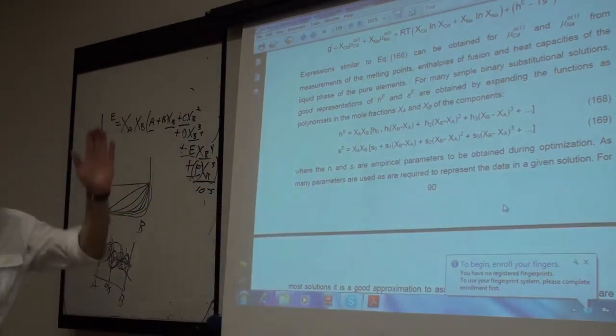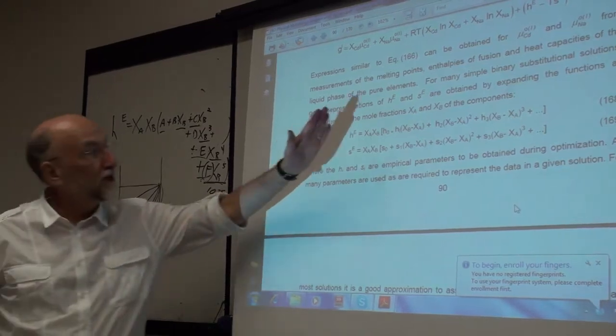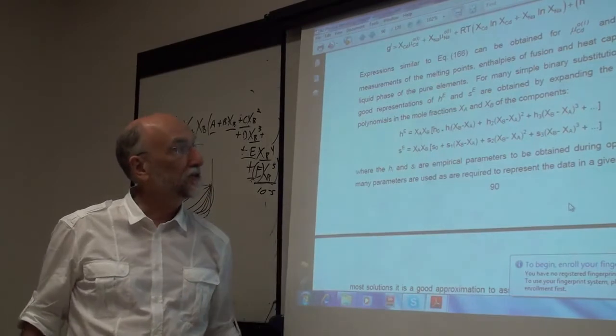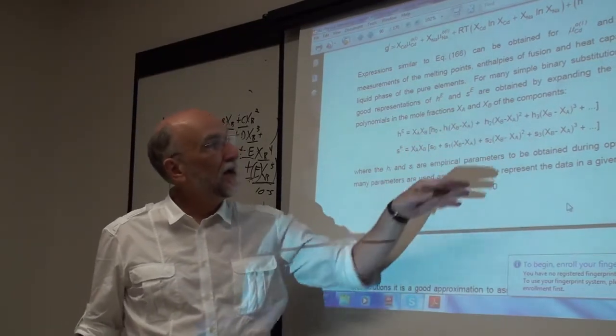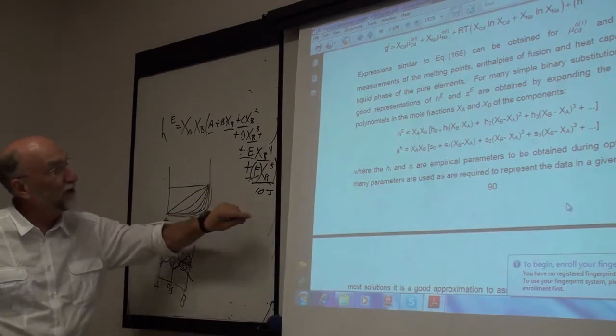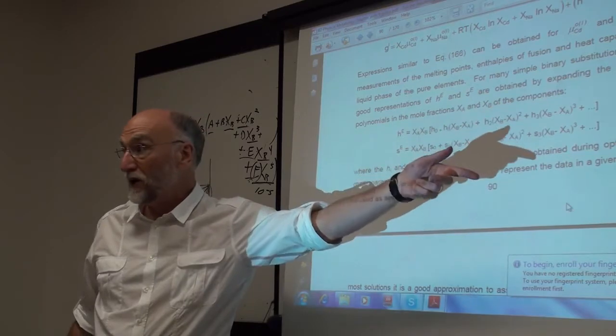And what you'll find if you fit a Redlich-Kister polynomial is that 2 coefficients is better, 3 coefficients is better. Unlike the simple polynomial, it goes just the other way. As you add more and more terms, these coefficients tend to get smaller and smaller.